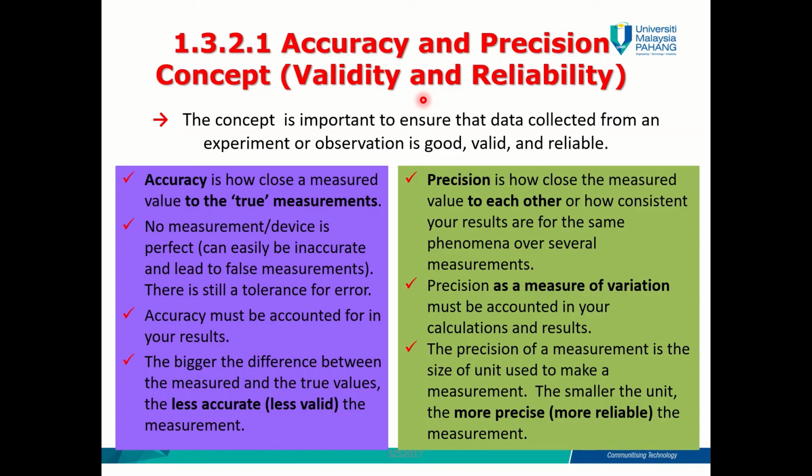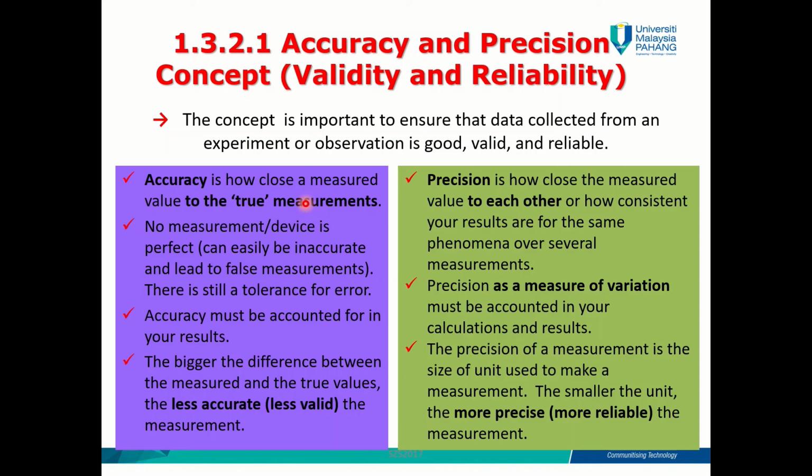What does it mean by validity and reliability? It is also about the concept of accuracy and precision. Accuracy is how close a measured value is to the true measurements. When you conduct an experiment, you must have a targeted value that you define as the true value in your experiment.